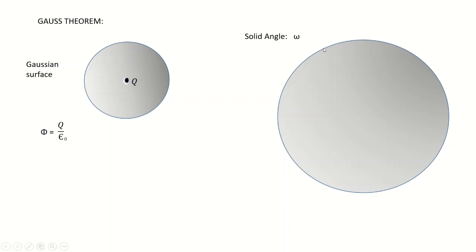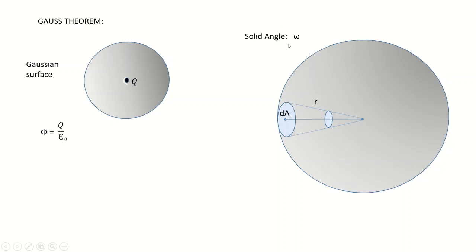As you can see here, a simple sphere has been drawn. From the center of the sphere we have marked a small portion of the sphere as dA, and the distance from the center to any part of dA has been marked as r. As you know, it is a radial distance.